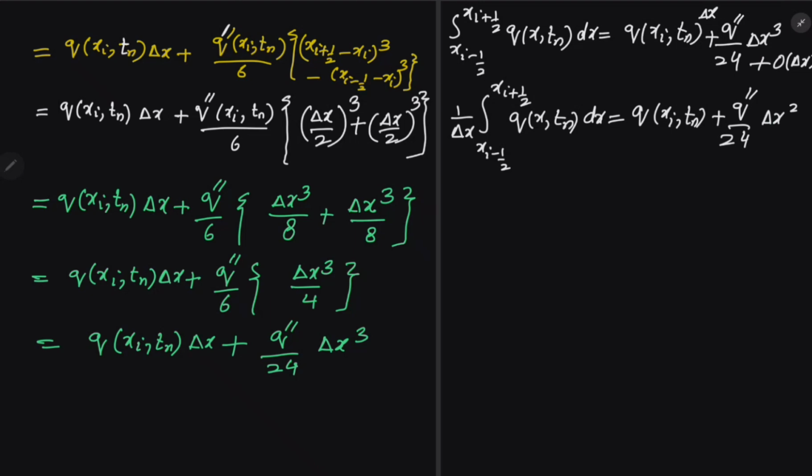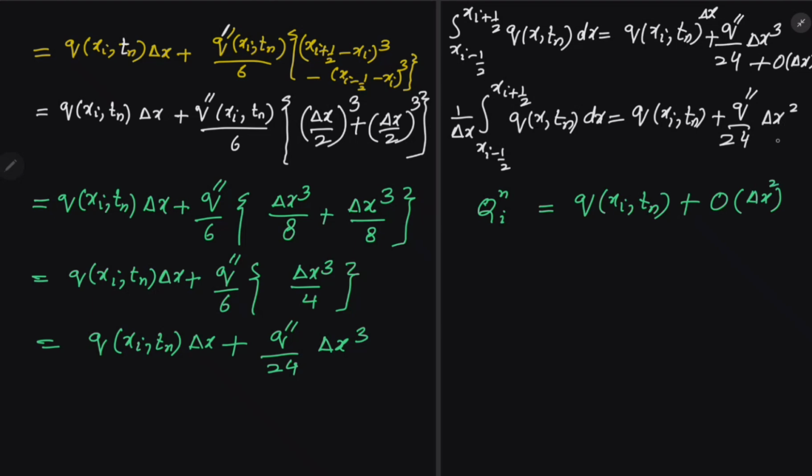So the left hand side becomes the definition of the value of Q on the cell, Q bar i, which is equal to Q xi Tn plus order of delta x square.